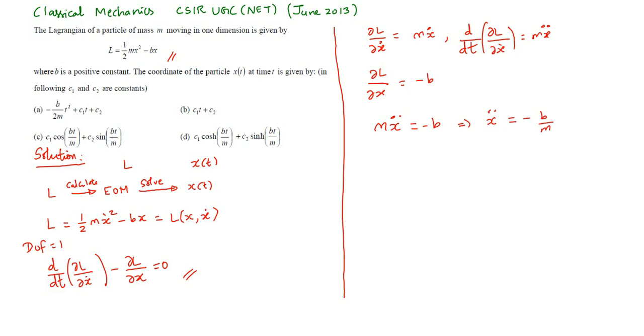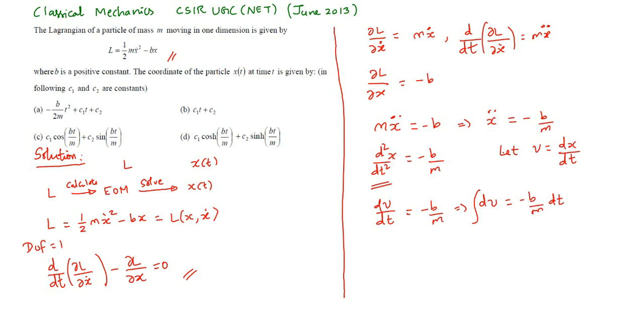So we can easily integrate this. d squared x by dt squared is equal to minus b by m. Let us define v equal to dx by dt. So this can be written as dv by dt equal to minus b by m, so dv is equal to minus b by m into dt.